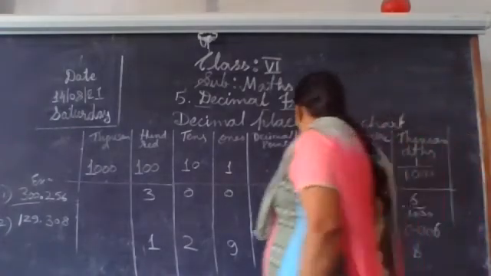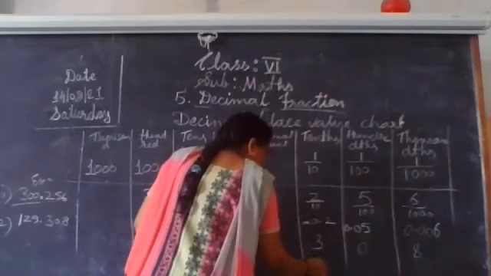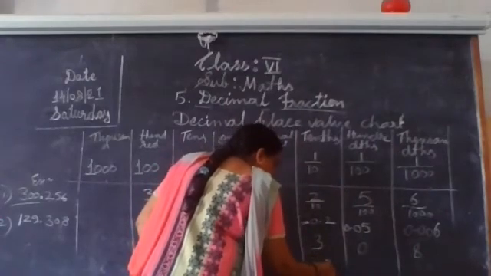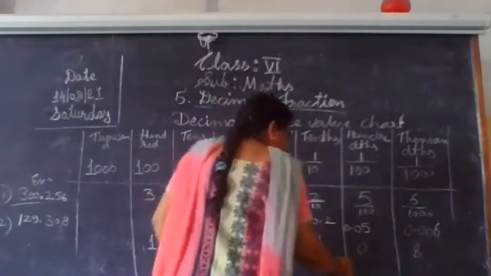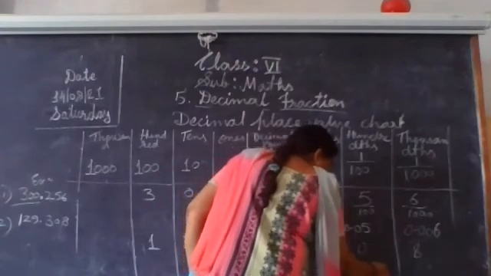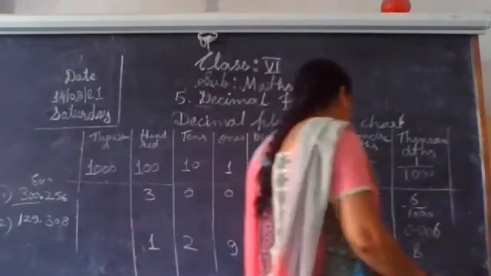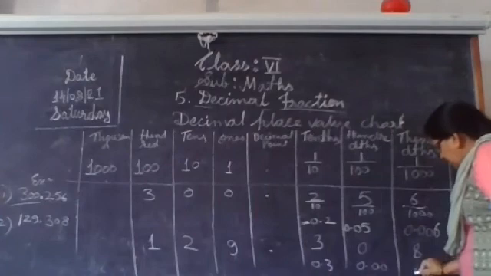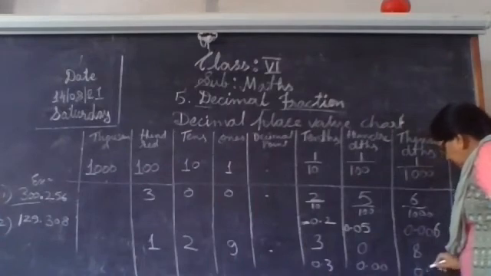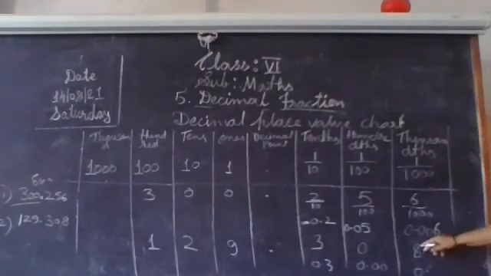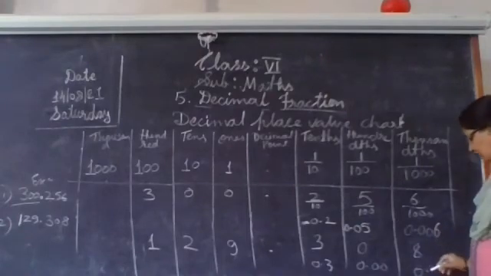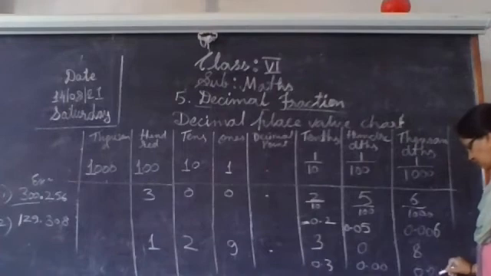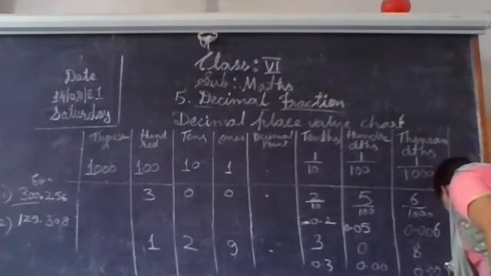Okay. So how will you write? 0.3, 0.00, and here you have to write 0.008. You have to divide this 8 by 1000, so you will get 0.008.